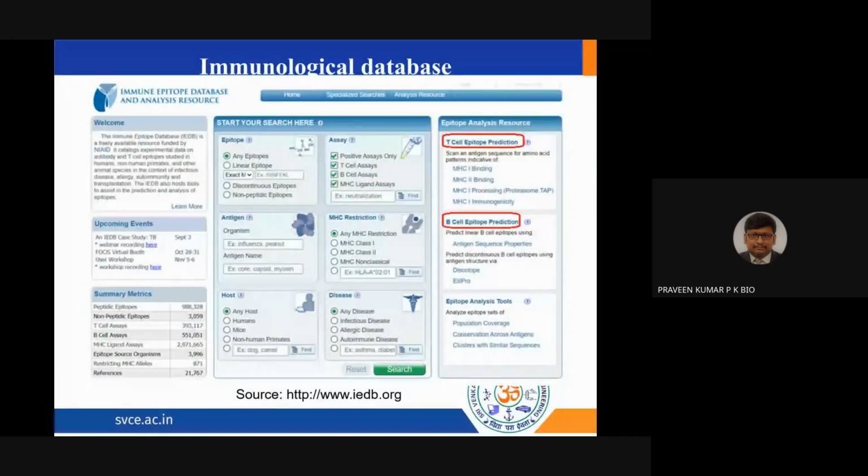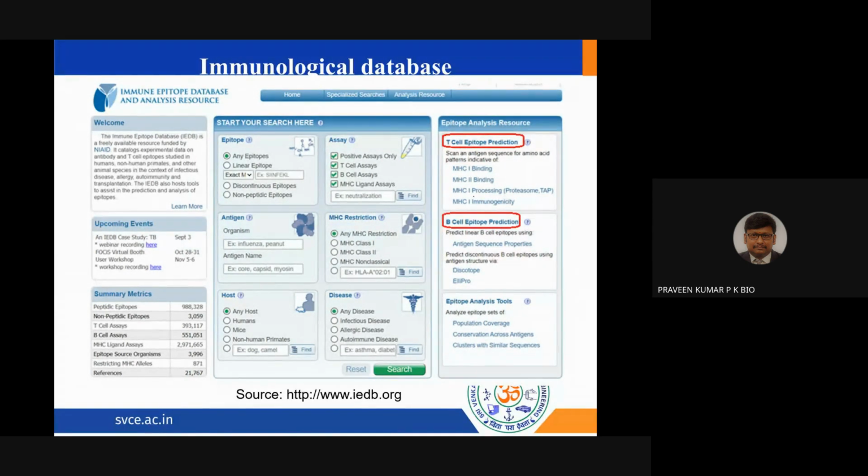All these things we'll be discussing in the next class. In the next session, I will teach you about an important immunoinformatics database called IEDB, the Immune Epitope Database. Here you have separate tools for T cell and B cell epitopes.